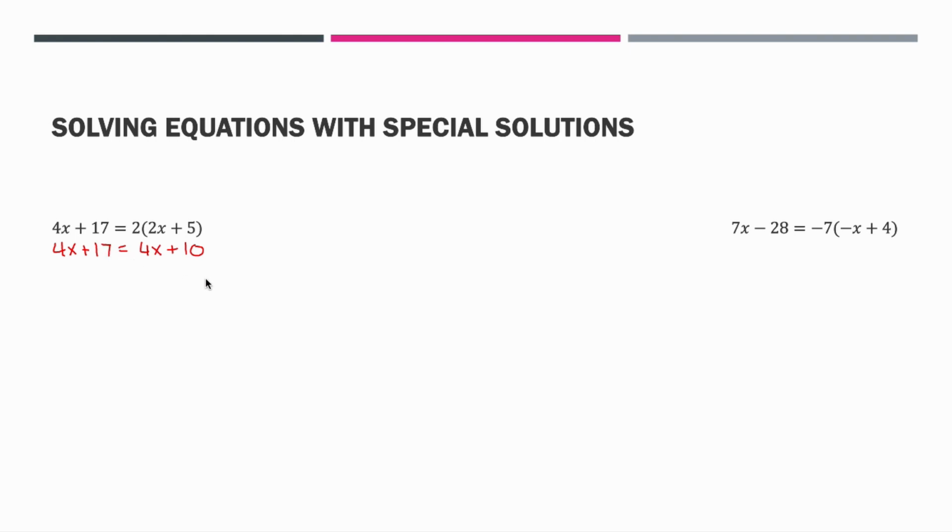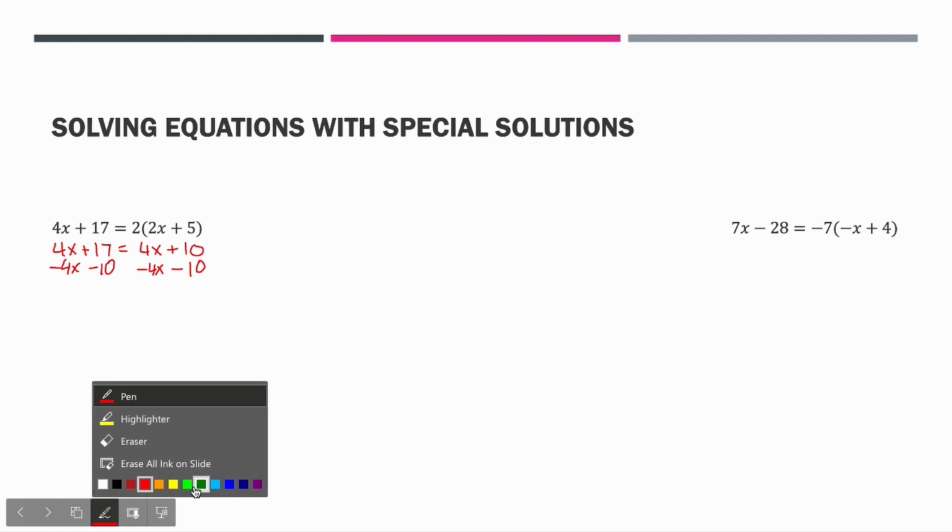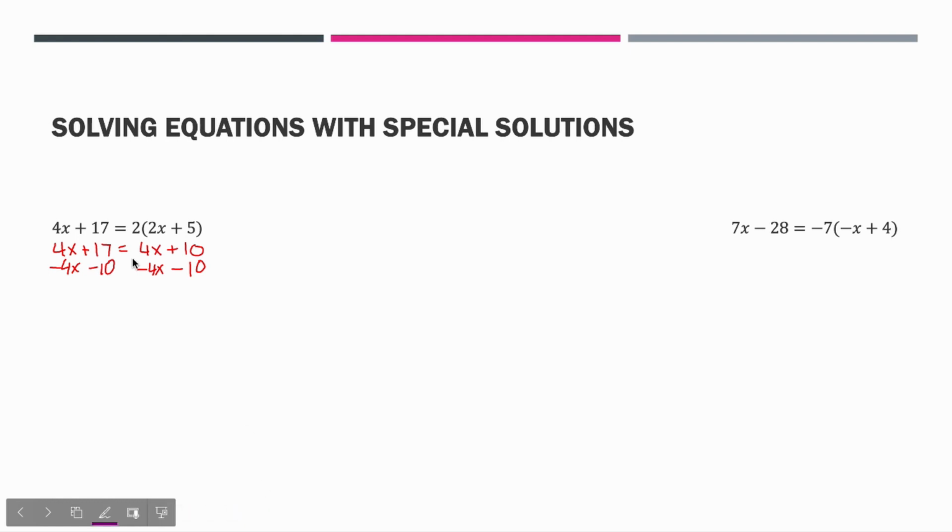Okay, let's keep going. Let's subtract 10 from both sides and subtract 4x from both sides. This leaves us with 7 = 0.